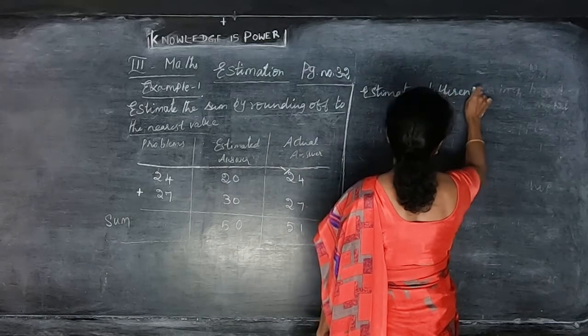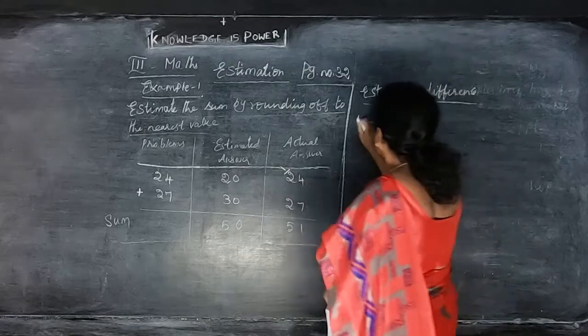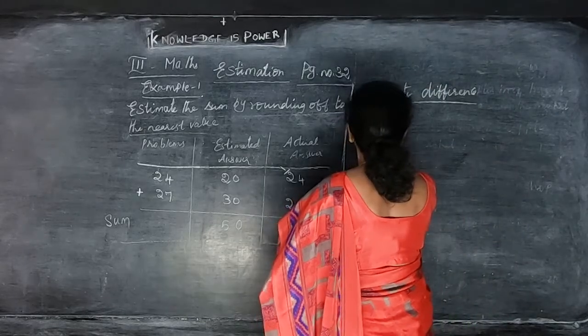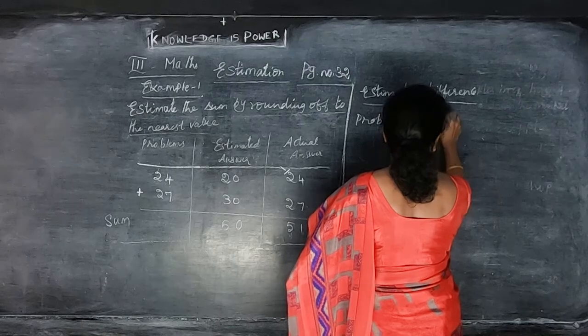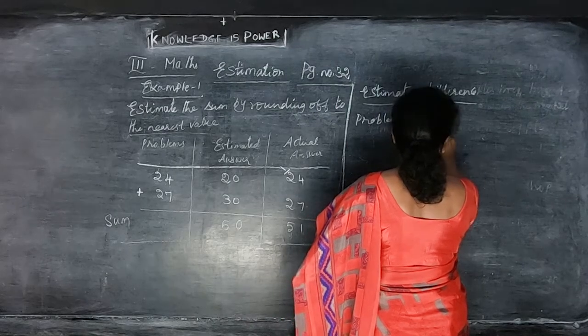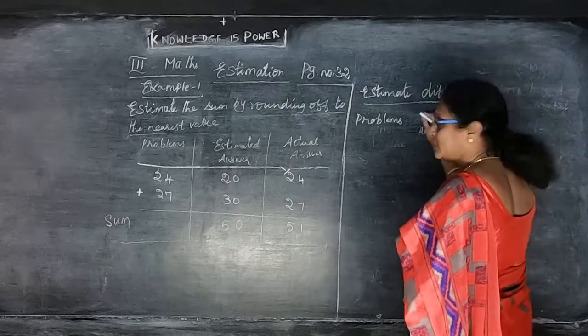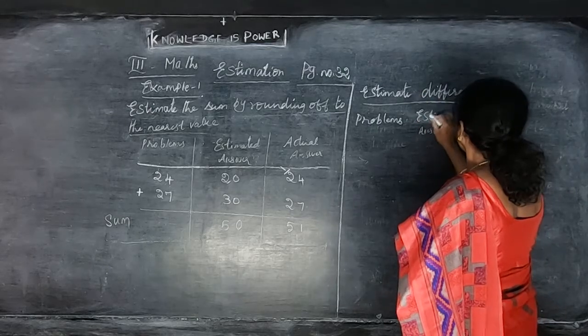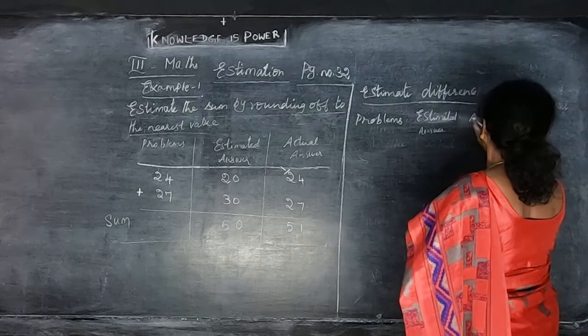So difference na minus. So in this they are given the number. Same thing. Problem. Actual answer. Estimated answer, I'm sorry. Estimated answer, actual answer.